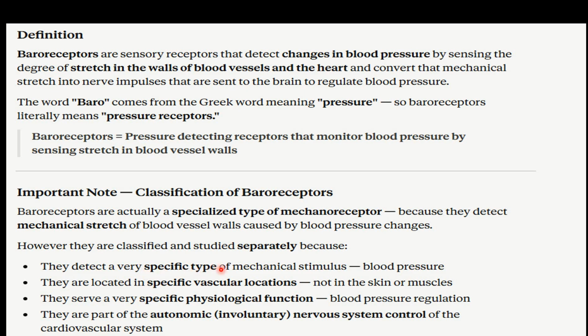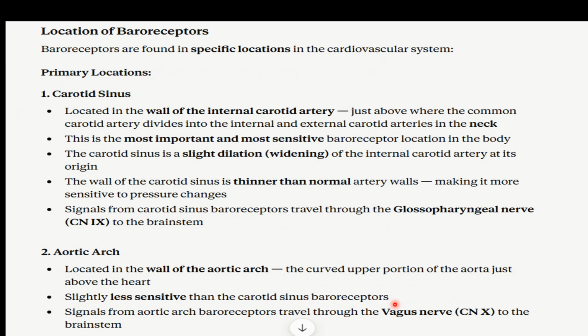They detect a very specific type of mechanical stimulus, that is blood pressure. They are located in a specific vascular location, not in the skin or muscles. They serve a very specific physiological function, blood pressure regulation. They are the most important autonomic, involuntary nervous system control of the cardiovascular system. So these are the reasons why we are studying it separately.